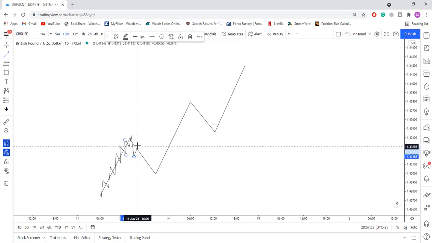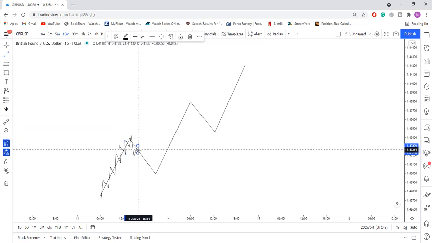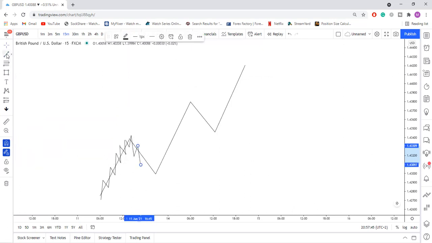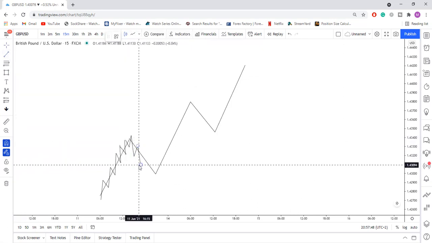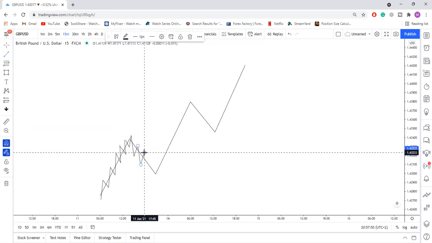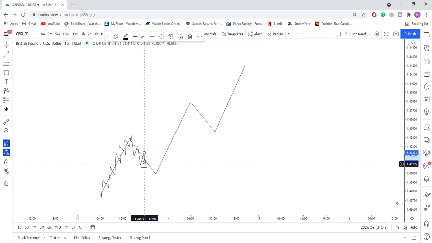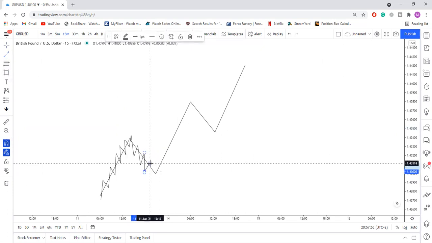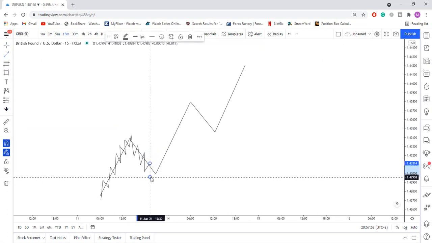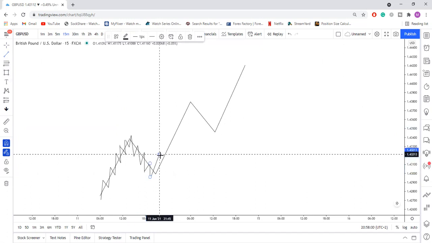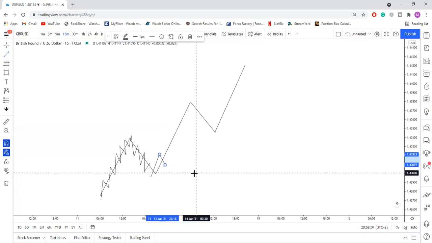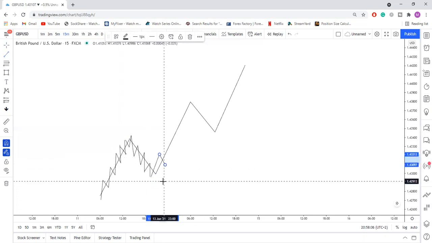Break of structure on the 15-minute, retest, continuation, pullback, continuation, pullback right there, continuation, break of structure on the 15-minute. You can see right here.